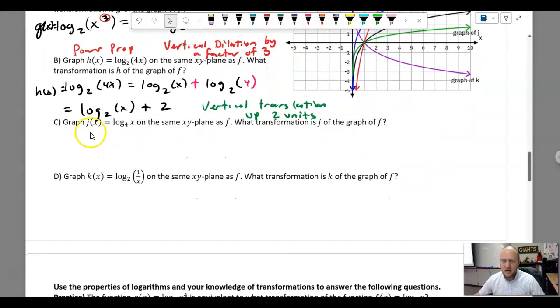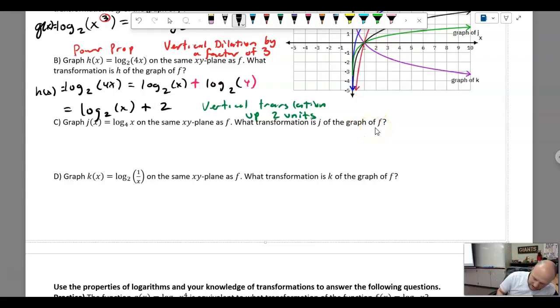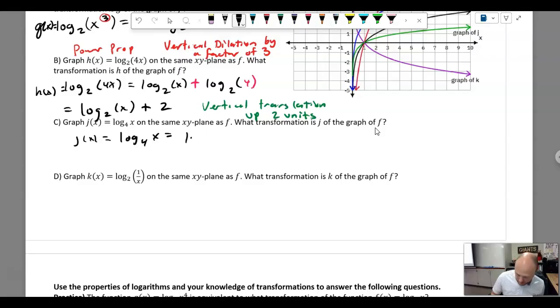Okay, C, graph j of x equals log base 4 of x on the same xy plane as f. What transformation is j of the graph of f? Well, f is base 2, so for j of x, log base 4 of x, I need to make it log base 2, and we do this with change of base.